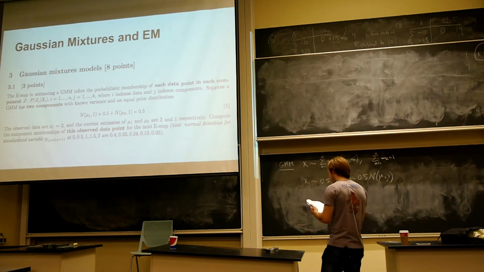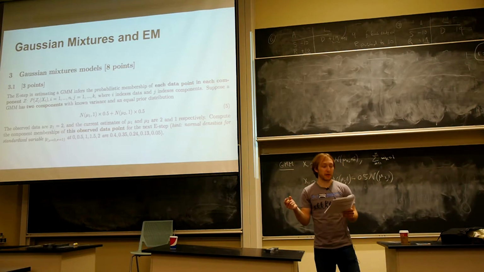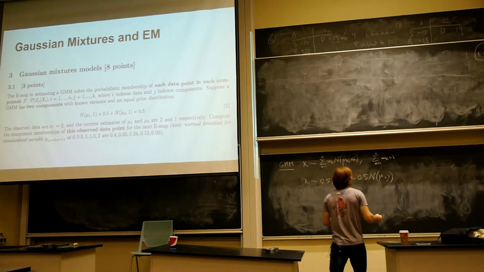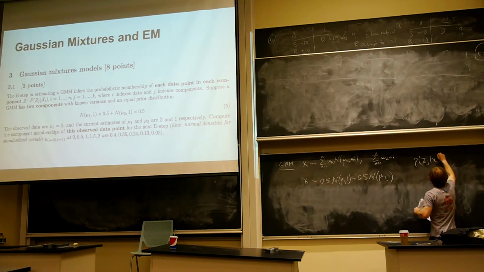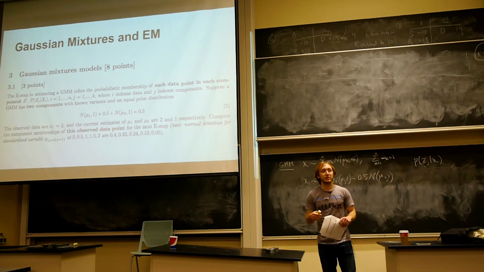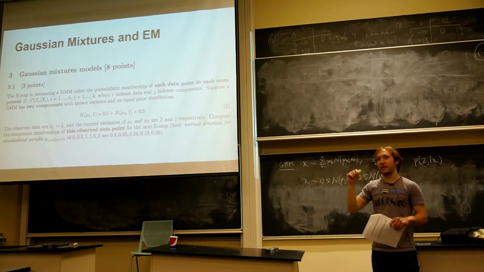OK, so right now we're doing a component of the E step for the Gaussian mixture model. In the E step, you basically want to compute the posterior probability of zj given xi, where, if you remember from the explanation in class, the z's in your Gaussian mixture model are these latent variables which represent the assignment of each data point to one of the components.